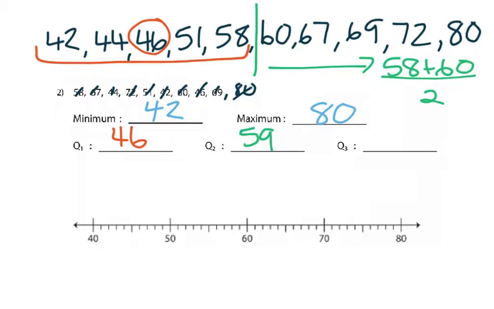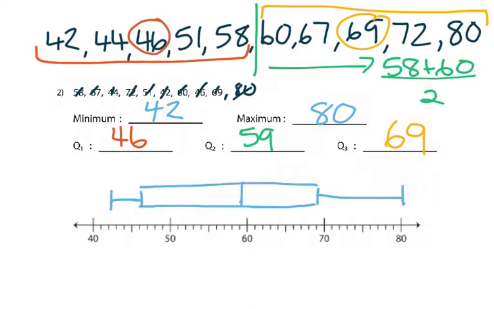And for the upper quartile, we're using all of these numbers here, and the middle there is 69. So we pop those in, and then just the same thing again. We draw all our points on, and then we draw the box and the whiskers again. And again, you would just draw them with a ruler.